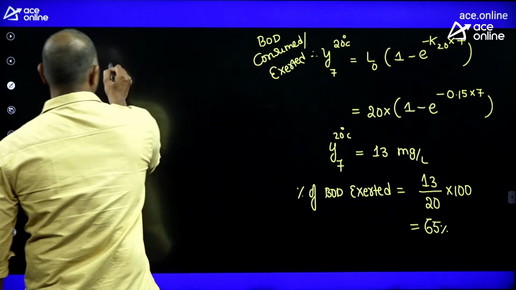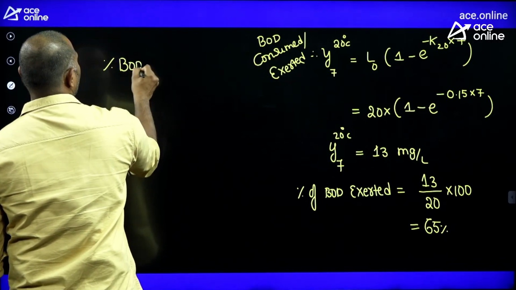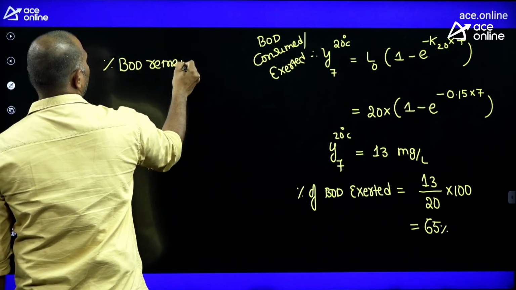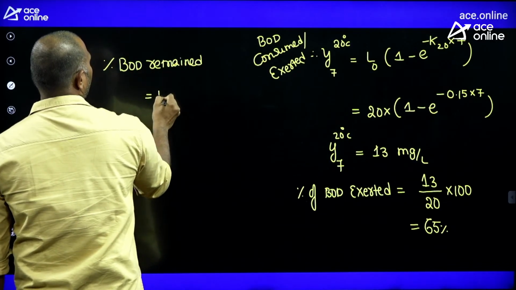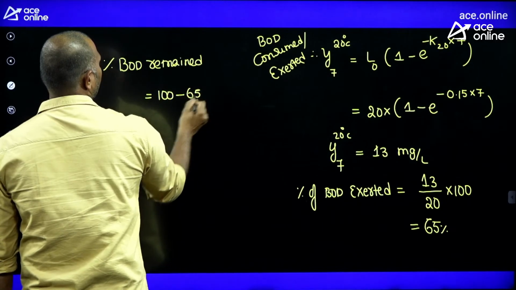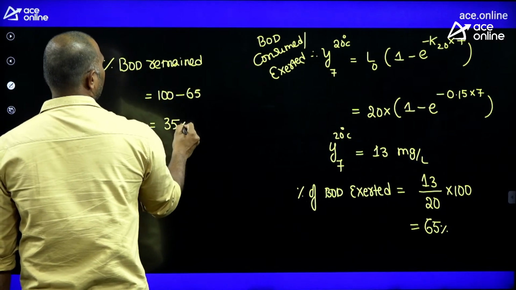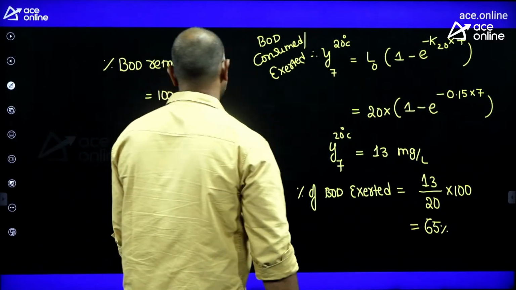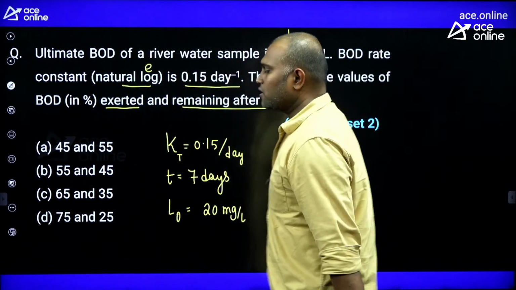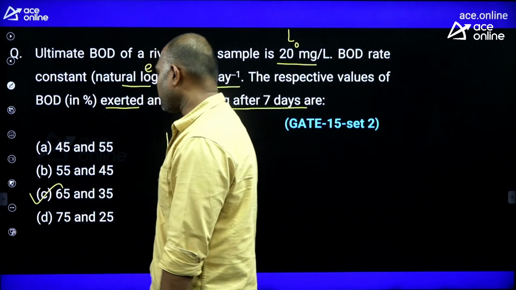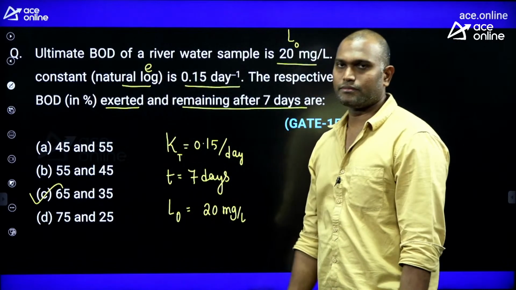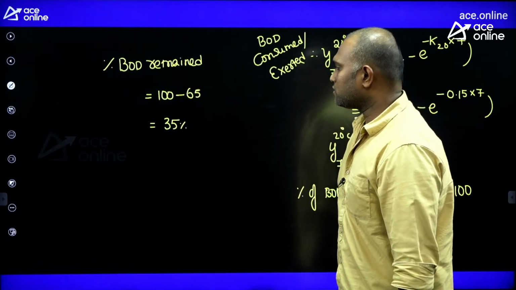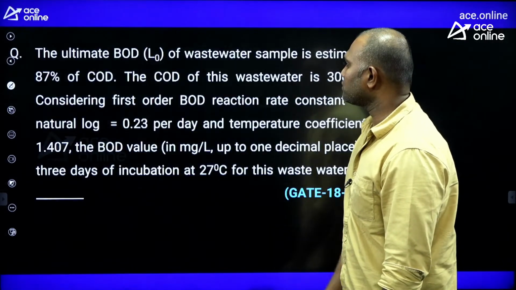So percentage of BOD remained is equal to 100 minus 65, which is equal to 35%. So the correct answer is 65% and 35%. Okay. So that's about question number 2.